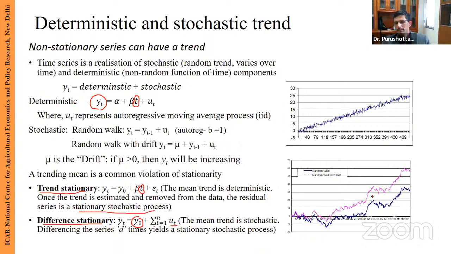In both the random walk and random walk with drift, error is accumulated over time. So by differencing the series with the previous value, maybe one time or two times, we make the series stationary, and then we use the series for further modeling.